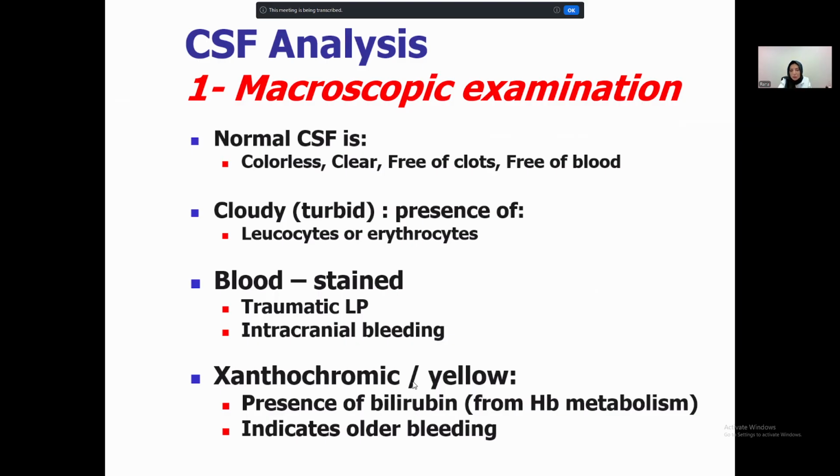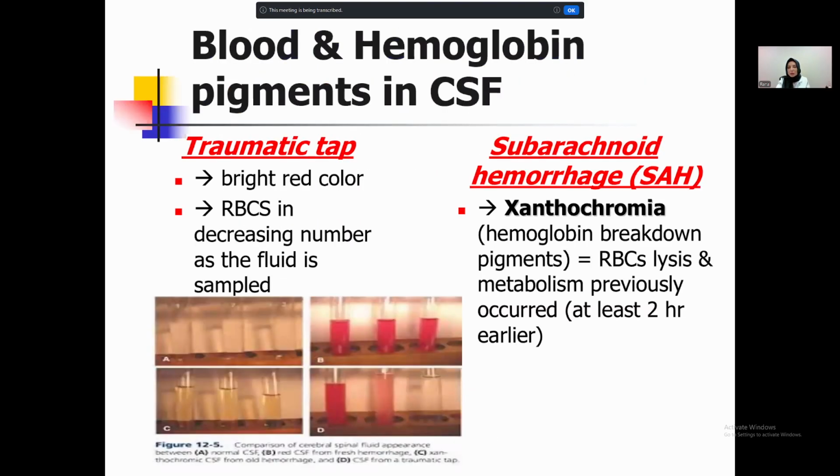Xanthochromia will be yellowish, indicating older bleeding. So we have 4 categories, and we differentiate between traumatic and SAH, subarachnoid hemorrhage, whose other name is xanthochromia. This is what we call macroscopic, or physical, examination.